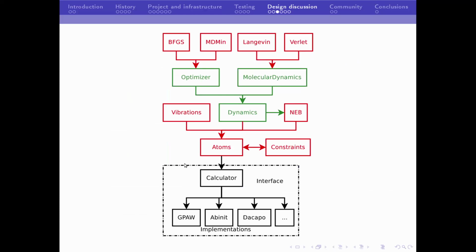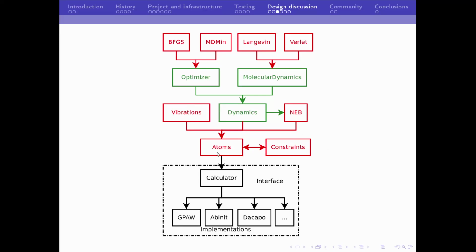Anyway, here we have a representation of most of what we have in ASE, or many of them anyway. There are all these different algorithms implemented that end up talking to a calculator underneath. So it's very nice to have this separation, that we can trust that these algorithms don't reach over and talk directly to the calculator, because that means we have some level of control.